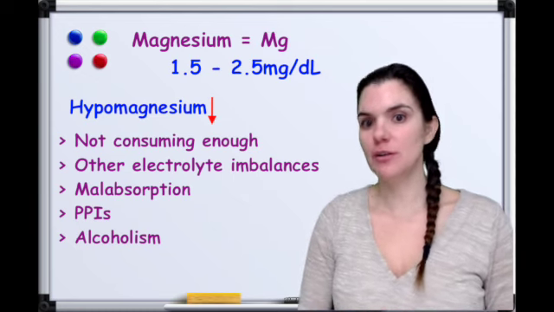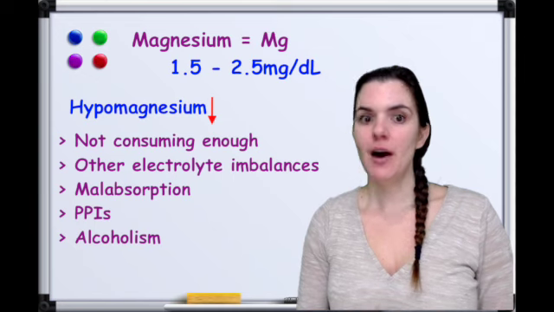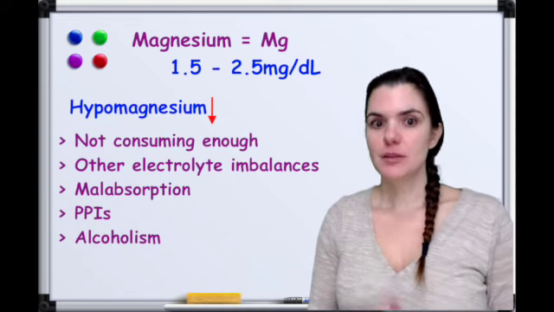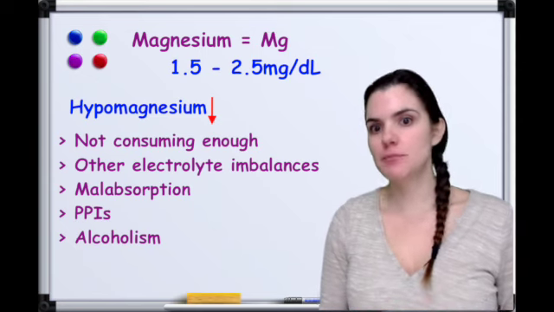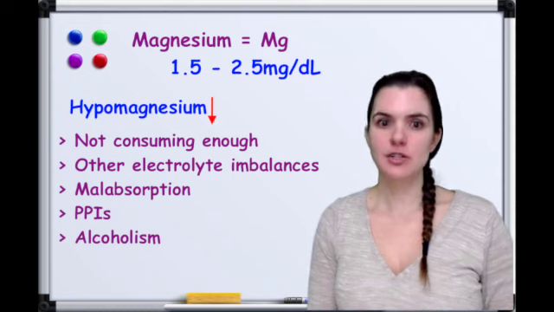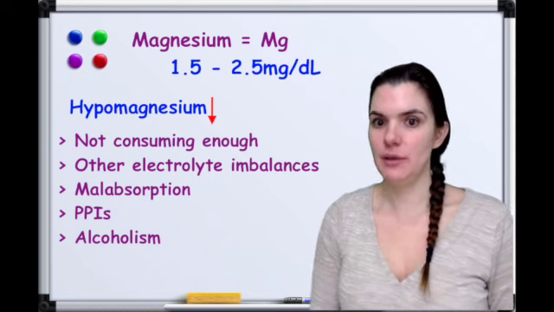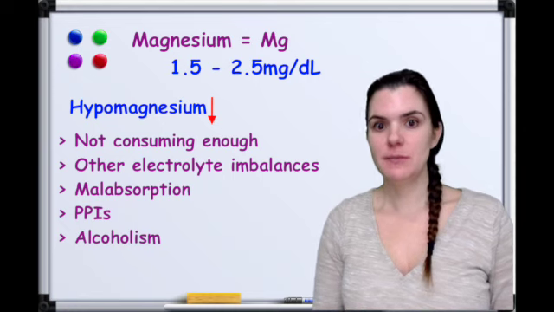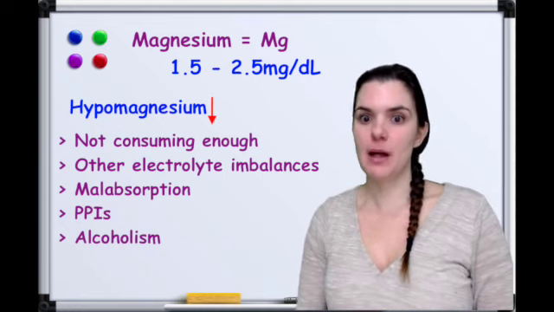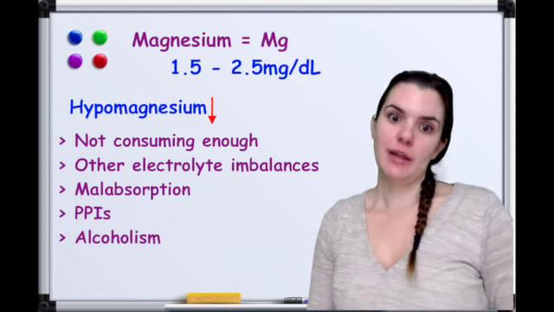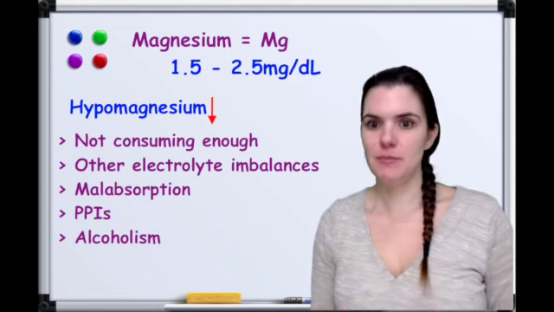So let's talk about low levels of magnesium in the blood, also known as hypomagnesemia, and what can cause this. So, magnesium is mainly absorbed in our gut, specifically our small intestine. So if we have issues with our gut, as you're going to see with our causes, we can have issues with balancing our magnesium levels. And magnesium imbalances will more likely than not present with other electrolyte imbalances, like that of calcium and potassium.